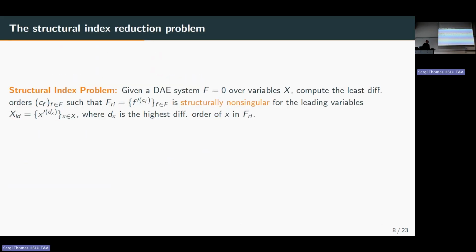But first, let's come back to the classics of structural analysis and of index reduction.